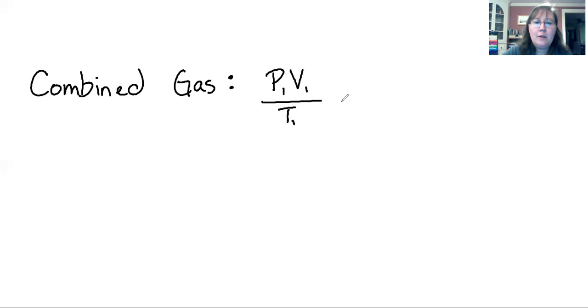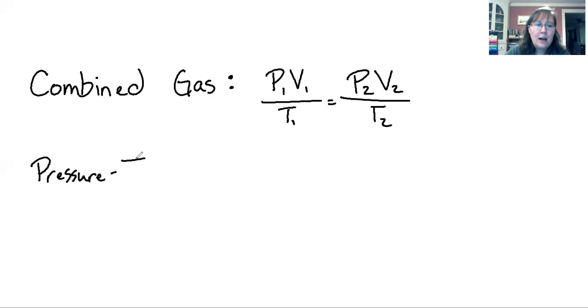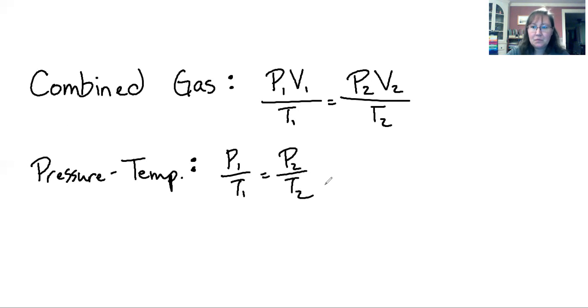The combined gas law is P1 V1 over T1 equal to P2 V2 over T2. And sometimes you'll also see a pressure temperature law, of P1 over T1 equal to P2 over T2.